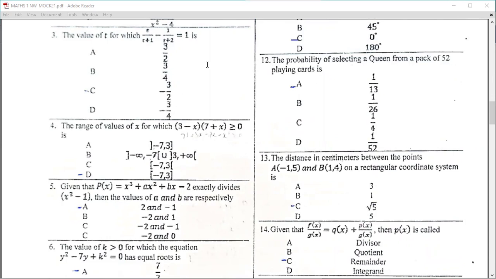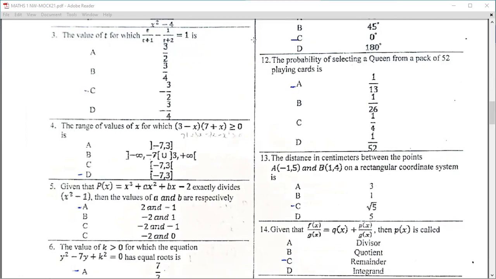Now that we have the boundary solutions, we can write them as follows. Normally 3 and minus 7 are included, so we can test these various regions. Let us use a number line to test, and we see what we obtain.